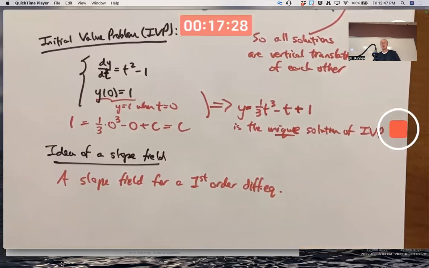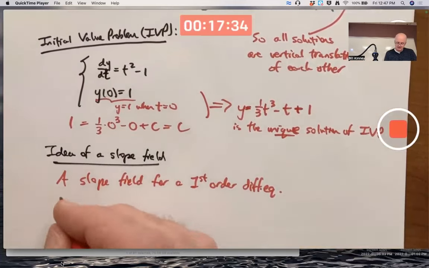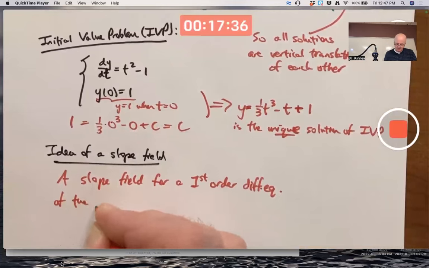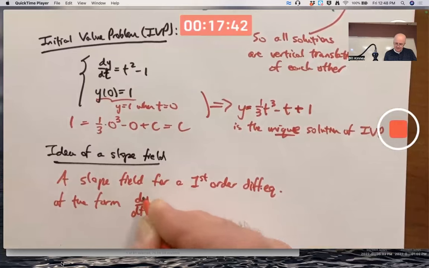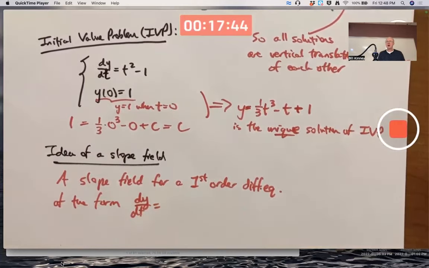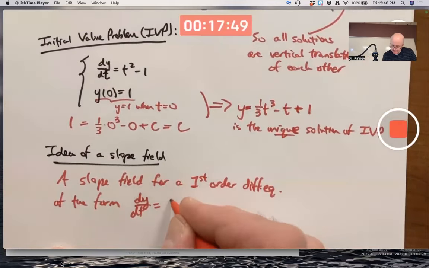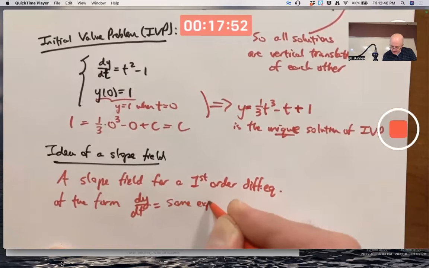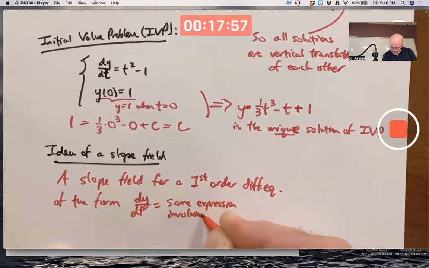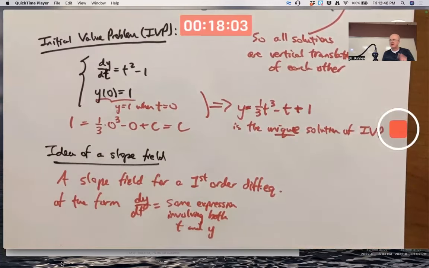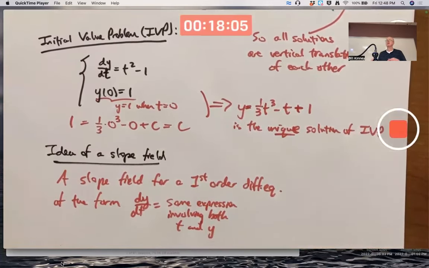You only have a first derivative, not a second derivative, not a third derivative, etc. Of the form dy dt equals some expression on the right-hand side involving both t and y in general, but in particular examples, it might just involve t or it might just involve y.